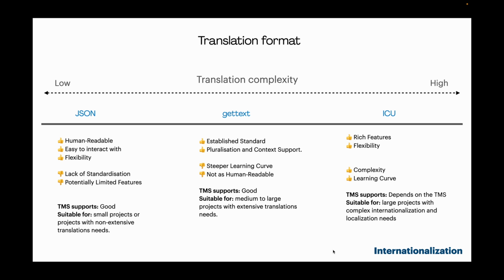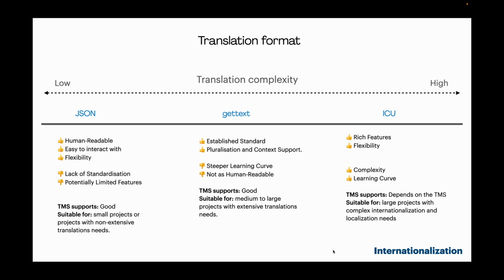And the last one, ICU, or International Components for Unicode format. ICU is an open-source, cross-platform set of libraries providing Unicode and globalization support for software applications. It supports numerous features including date and time formatting, numbers, and currency formatting.